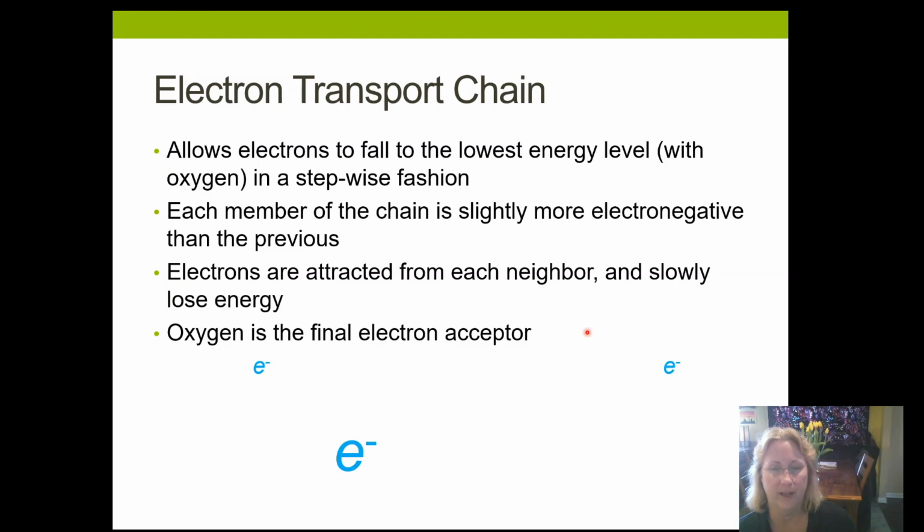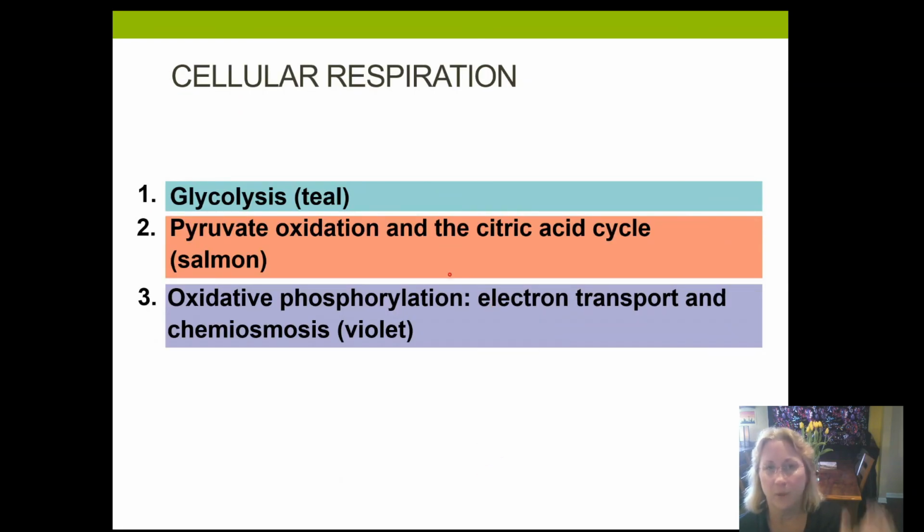Just like if you have a wire that's broken in a circuit, the electrons don't flow in that circuit. So we'll talk about the 3 steps here in cellular respiration. First, glycolysis, which takes place in the cytoplasm and does not use oxygen. Then pyruvate oxidation and oxidative phosphorylation. Both of these take place in the mitochondria.